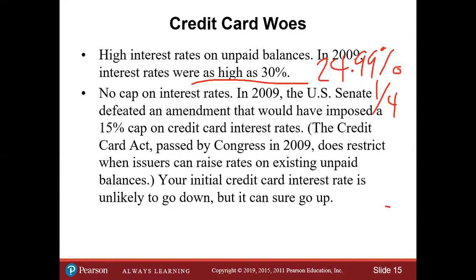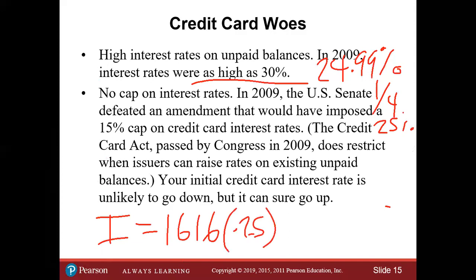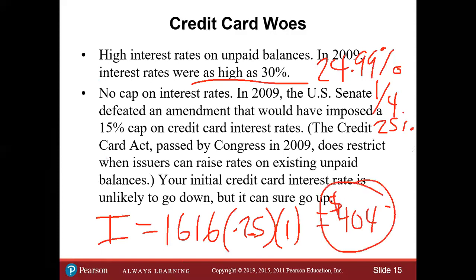If we recalculated the interest on our example problem with 25% interest rate, so we had owed $1,616, and we paid 25% interest rate for 1 month, then this in our calculator gets us 404, which is a much more likely scenario than the 1.3%.